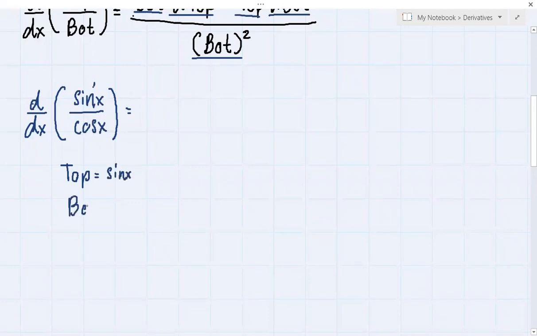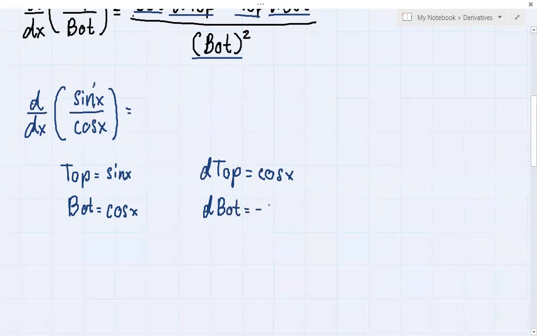Then, sa bottom or bot, siya si cosine x. So, now, let's get the derivative of top. Okay? So, ang derivative ng sin x, if you recall, this is cosine x. Next, kunin mo yung derivative ng bottom or bot, which is cosine x. So, derivative ng cosine x ay negative sin x.